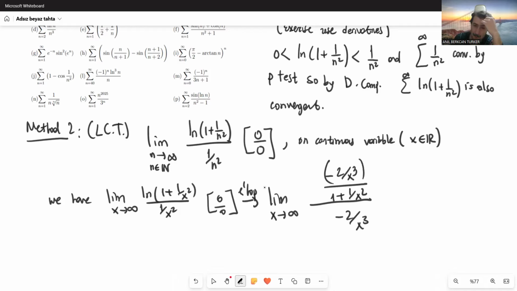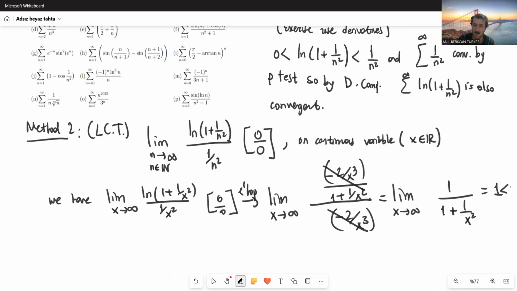So they will just cancel each other. So this is just 1, right? When x goes to infinity, this is 0, so 1 over 1 plus 0 is 1. So it means that it is less than infinity and bigger than 0. So by the limit comparison test, they behave the same, right?